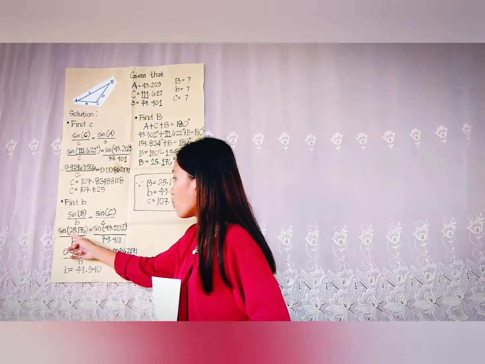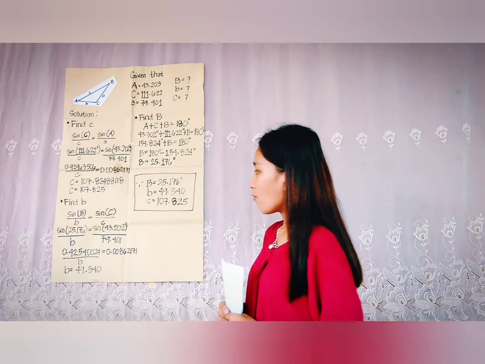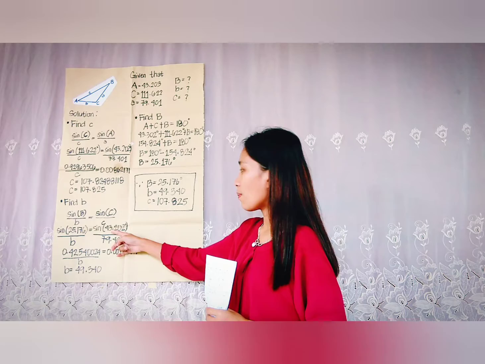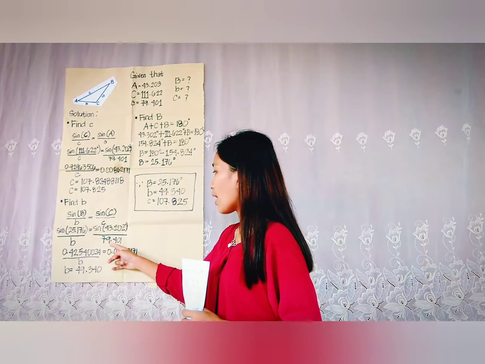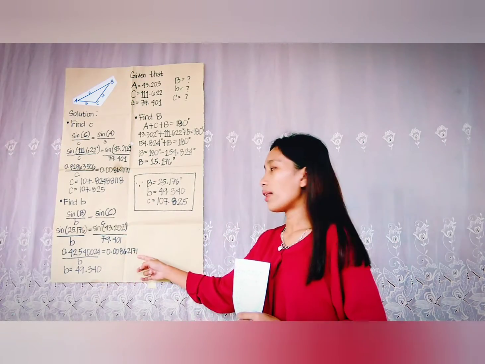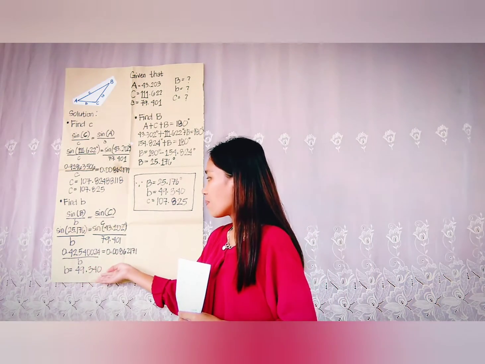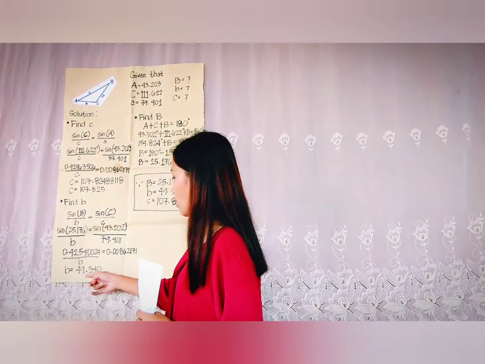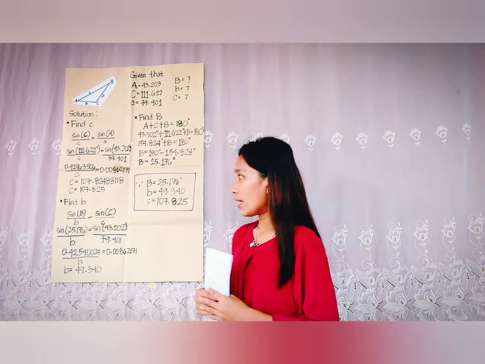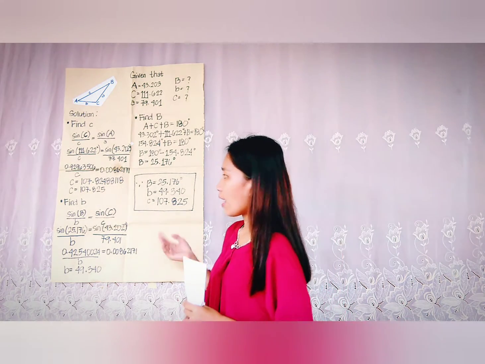So sine 25.176 is equal to 0.42540024 over B is equal to sine 43.202 over 79.401, which is equal to 0.00862171. So the value of side B is equal to 49.340.